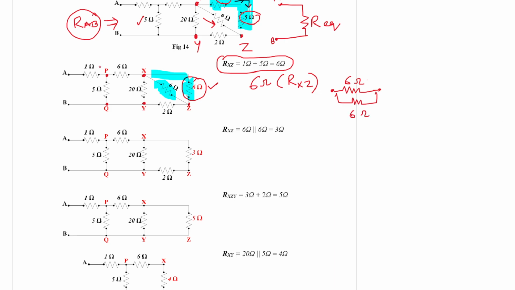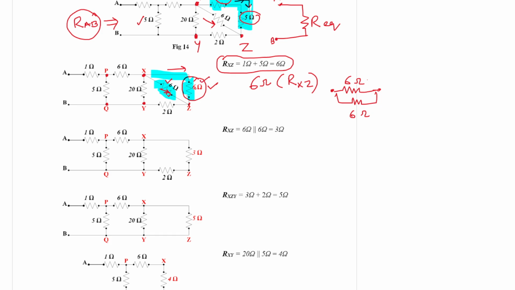One path is this, the other path is this. So basically there are two parallel paths. Sorry, not in series. These two 6 ohm resistances are connected in parallel.